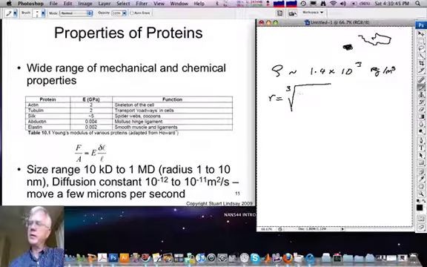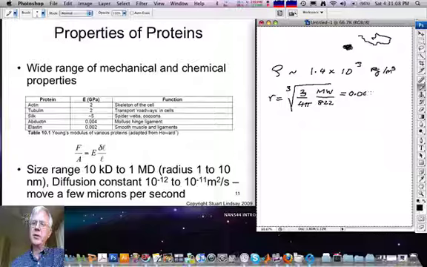That the radius is the cube root of 3 on 4 pi, the molecular weight in units of Daltons, so that's relative to the mass of a hydrogen atom, and that turns out to be 0.066 times the cube root of the molecular weight, and the units are nanometers.